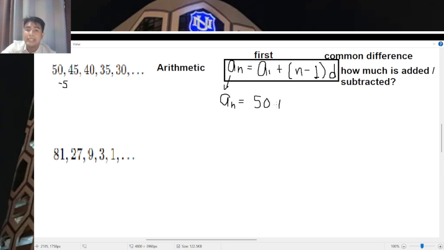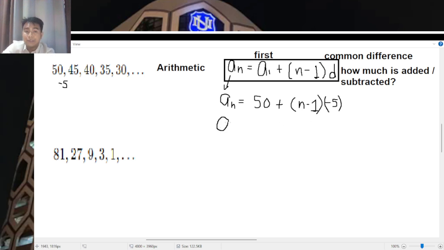And then plus n minus 1, just copy this part, times letter D. How much is being subtracted or added? This time, it's minus 5. So just write minus 5 here directly. And just to be clear, it's being multiplied, so I'm just going to put a parenthesis here to indicate that it's going to be multiplied.